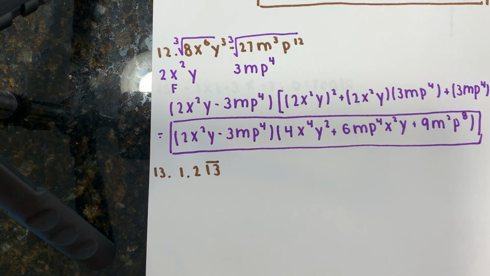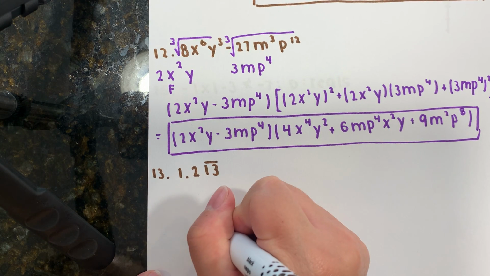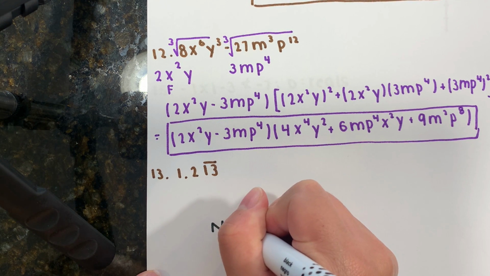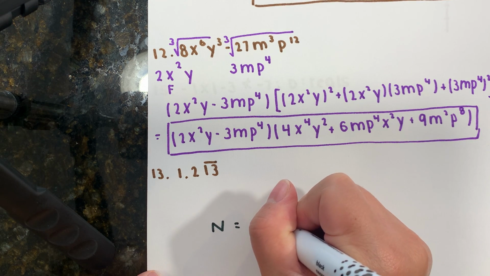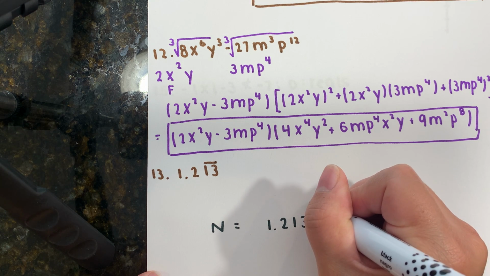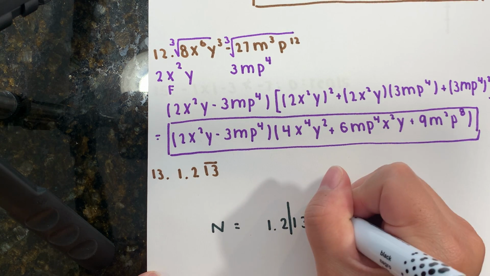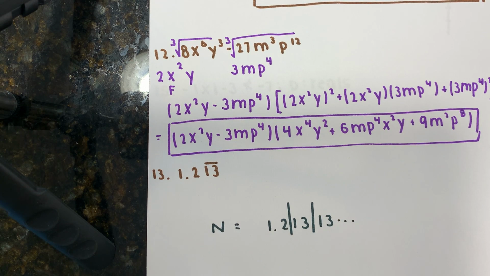Now looking at number 13. So for number 13, I'm going to set n equal to this number. And the 1/3 repeats.